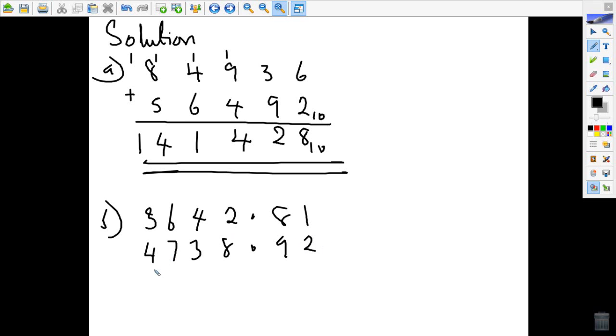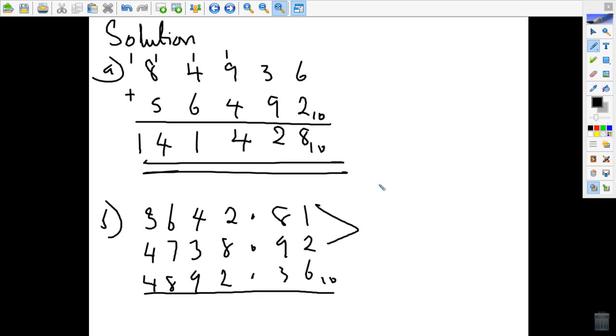And the third one is 4, 8, 9, 2.36, all in base 10. Now for you to do this, first add the first 2 columns, then the result will be added to the third column.